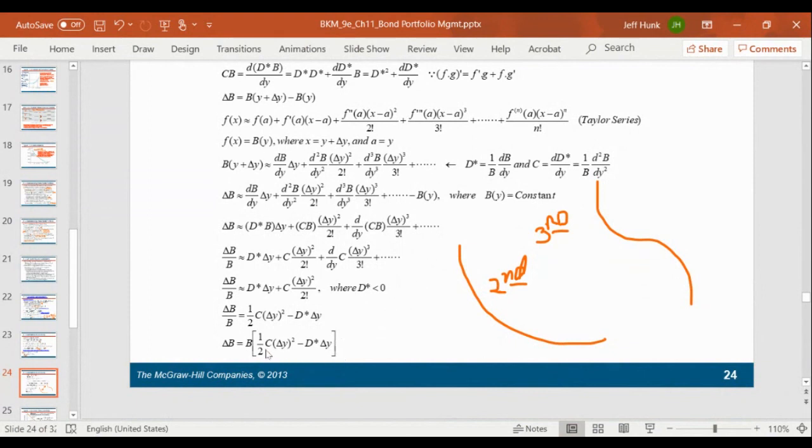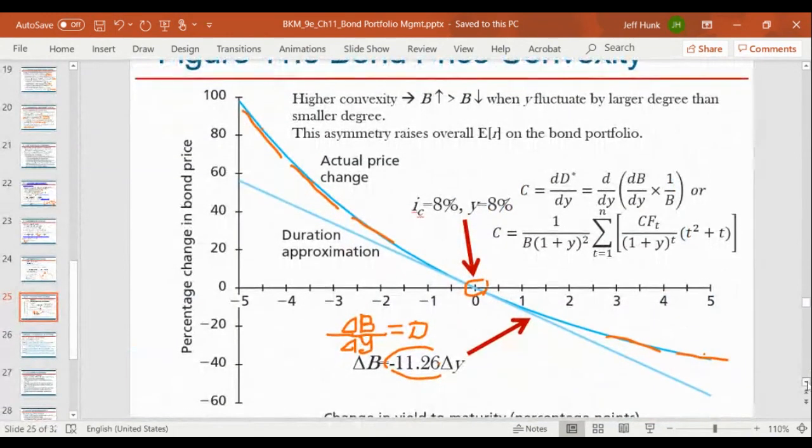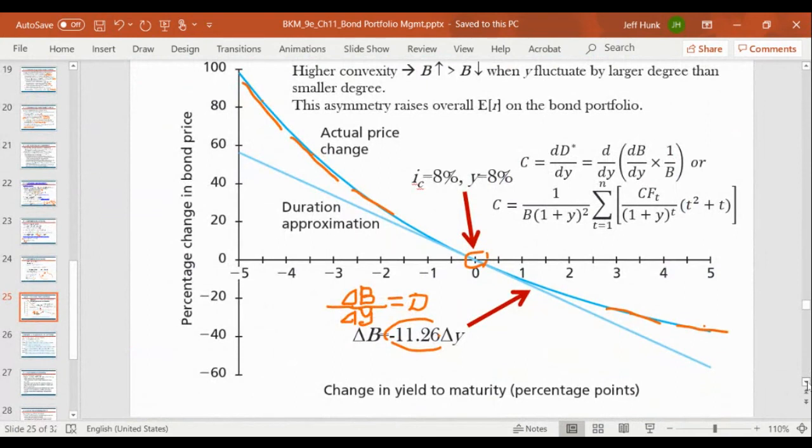So through Taylor series expansion, we come to this conclusion, which is this. Then we need to apply this.